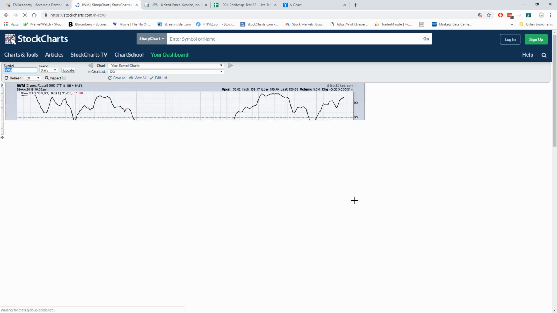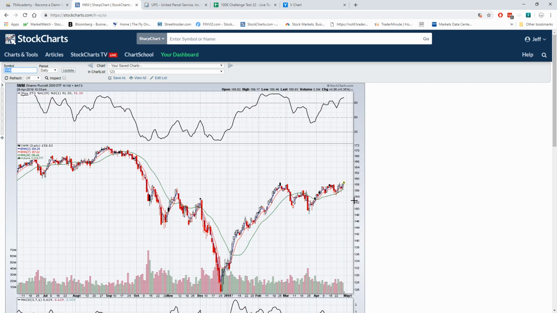As far as the market open goes this morning, take a look at small caps. This has been the laggard. We see a lot of calls for the market to pull back and sell off. We see other calls saying, hey, the market's about to rip higher.